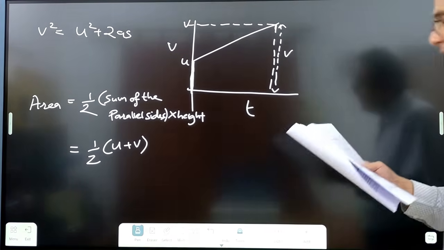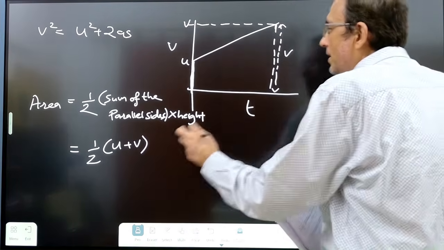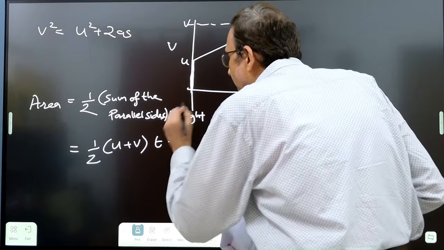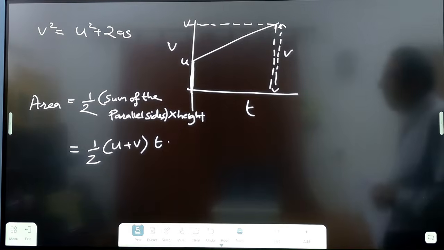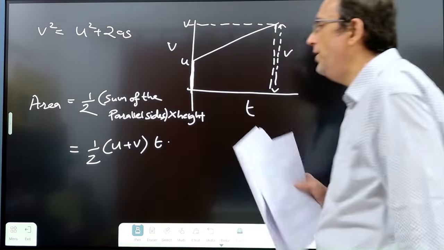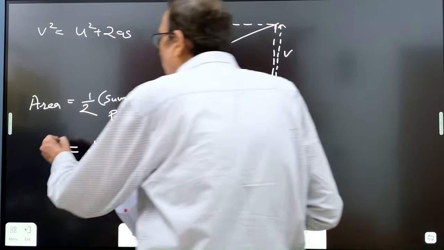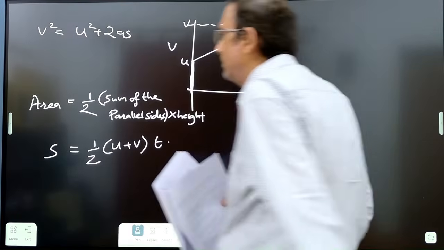And what about the height? So this is the height, this is t. So in this case you can see area is half (u plus v) into t, and this is the area under the curve, so this should be equal to the displacement s.